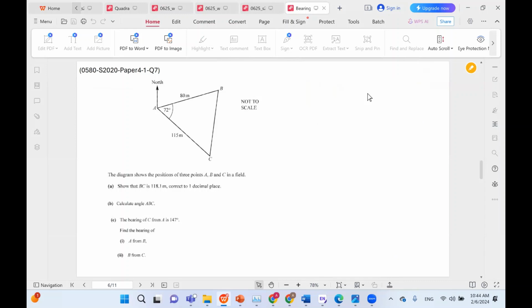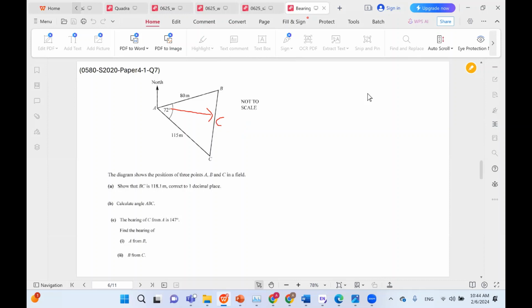The diagram shows the positions of 3 points A, B, C in a field. Show that BC is 118.1, correct to 1 decimal place. So BC is opposite to the angle, and we're going to use the cosine rule, of course.